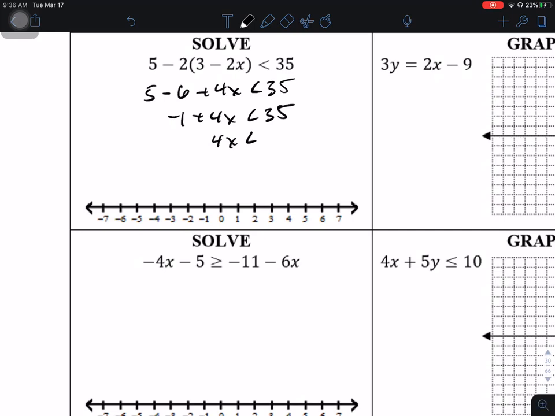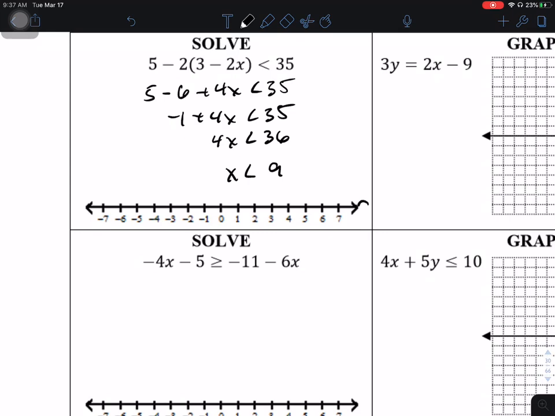If I add 1 to both sides, I get 4x is less than 36. And then if I divide both sides by 4, I get x is less than 9. At no point did I multiply or divide by a negative number.